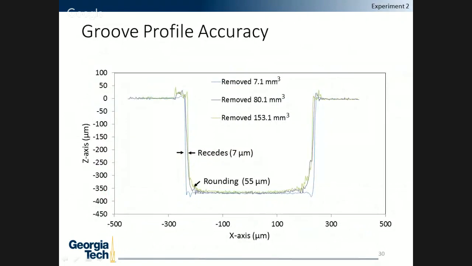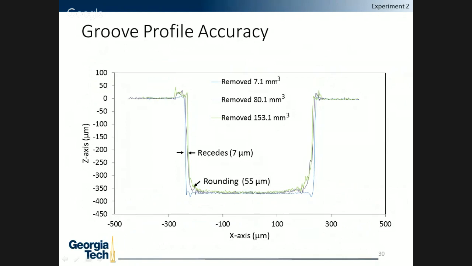And then from those given cross sections, we measured the accuracy, and this just shows a side-by-side comparison of the cross sections for the cumulative amount of material that was removed. So this is when the tool has only moved about 7 millimeters cubed, and the green line represents when the tool has already worn some and removed 153 millimeters cubed.